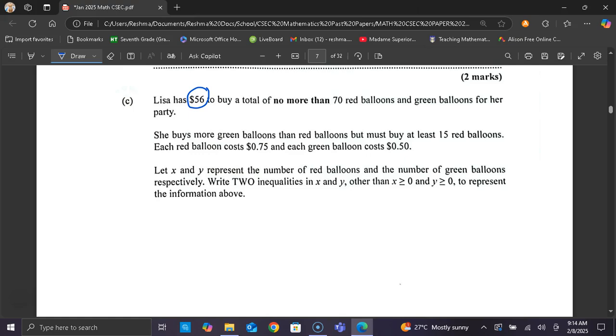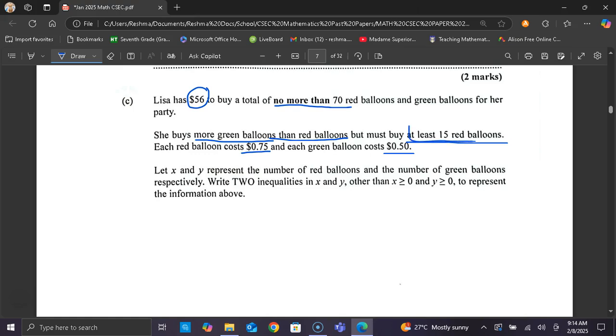They gave us the total number of balloons that she can buy. They gave us the cost of each red balloon and green balloon, and they said she has to buy more green balloons than red balloons, and that she must buy at least 15 red balloons.